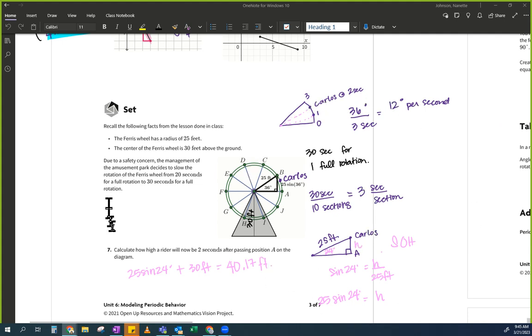So the part for me that people get really, really lost in is that they don't know what they're finding when they're doing all this calculation here. So that's why I'm going to push you. Please make sure that you label things. If you label things, it makes it a lot better, because otherwise you don't know what 3 is. If I didn't label seconds per section, you might have been lost.